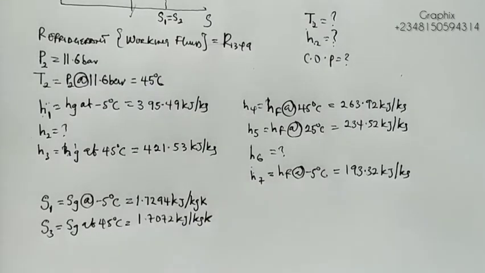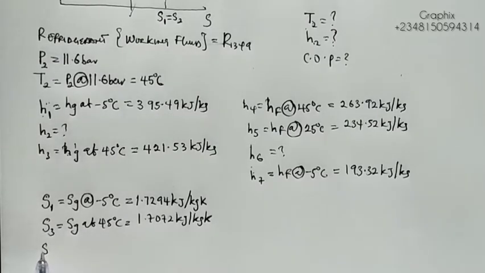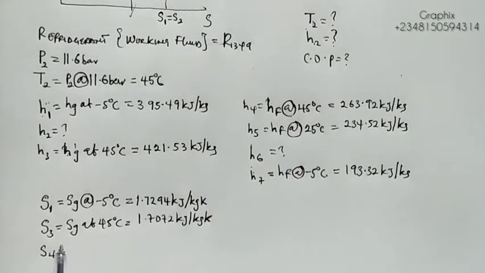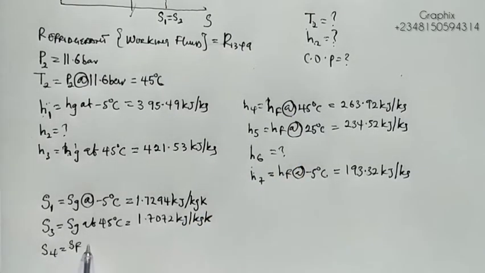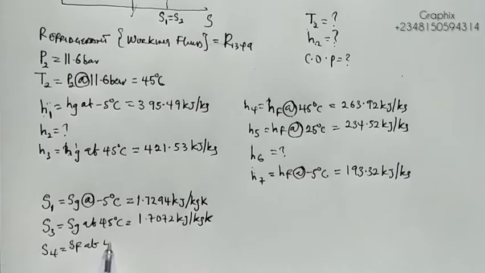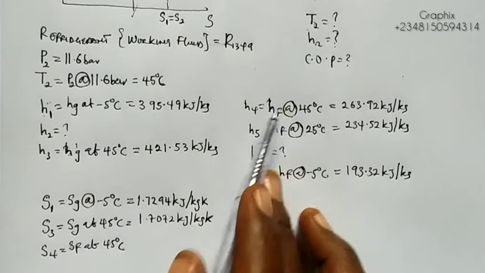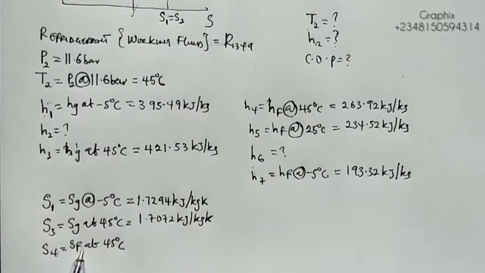Now the next thing we're looking for, since we have H4, we're having S4 also. So look for our S4. S4 will be SF at 45 degrees Celsius, because this is HF, so this will be SF, because they are both on the same point.